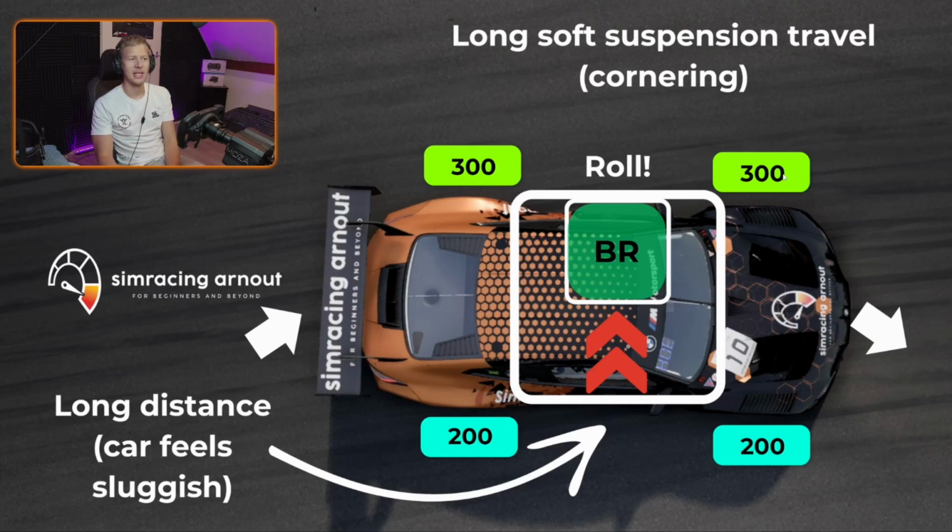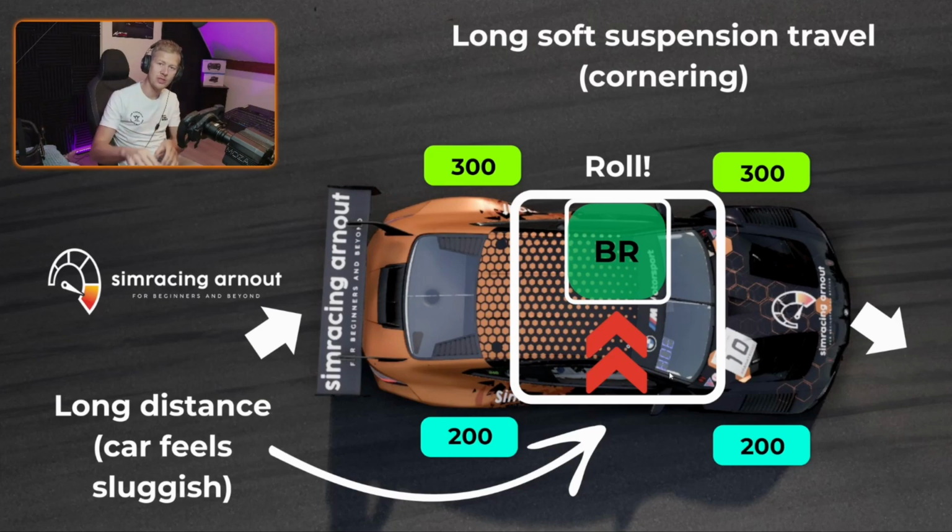The outside wheels taking up, I don't know, 300 kilos of the load, and the inside will take 200, right? Because we have long travel, the car shifts to the left and we'll have 300 and 300, and the inside is 200. So we have a lot of mechanical grip in this situation, but we also have a delay.